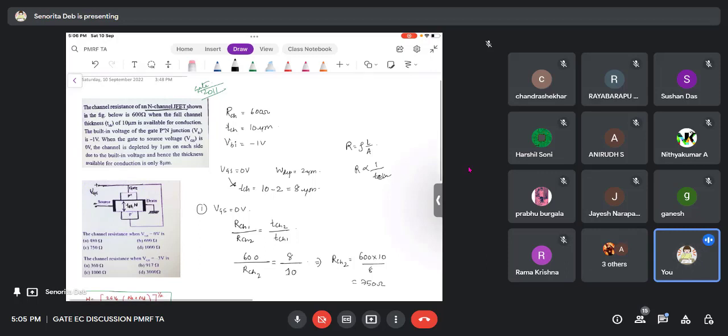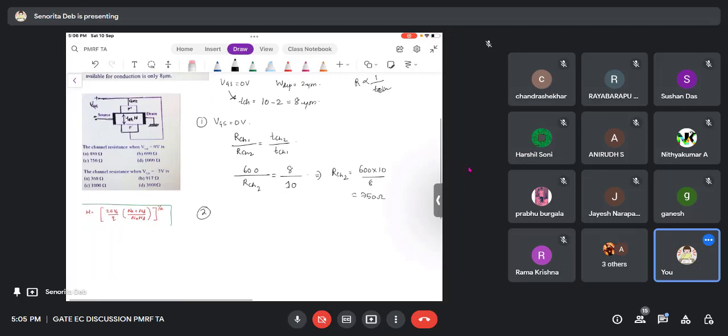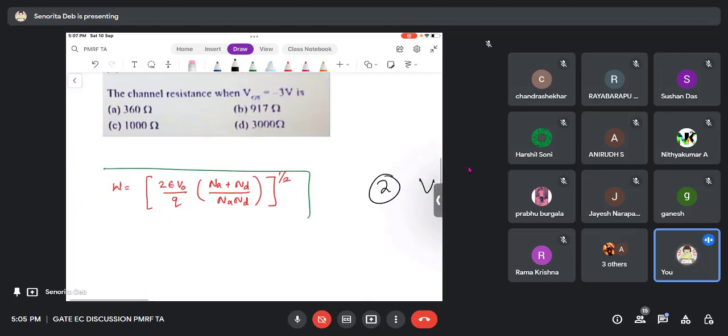Now, second, VGS is minus 3 volts. At 0 volt it was fine because they had already given the depletion thickness. But now when VGS is minus 3 volt, what is the depletion thickness? That you have to find first. Now you see this is the depletion width formula that you had learnt. The depletion width varies as under root V naught with the built-in potential, that means W square is proportional to the built-in potential.